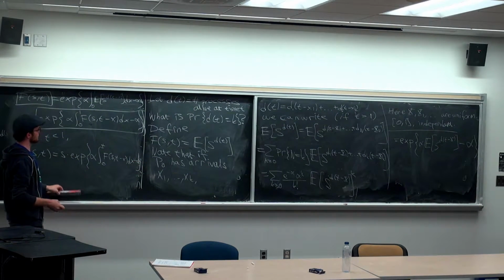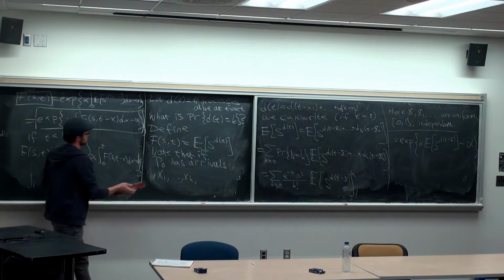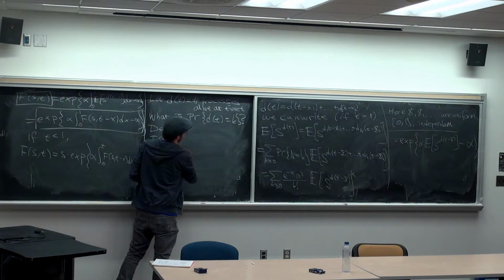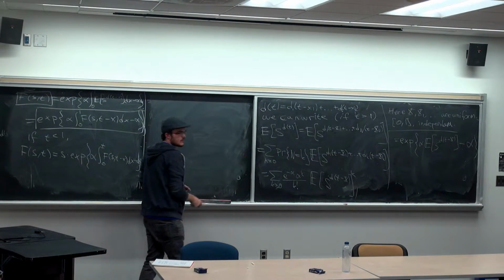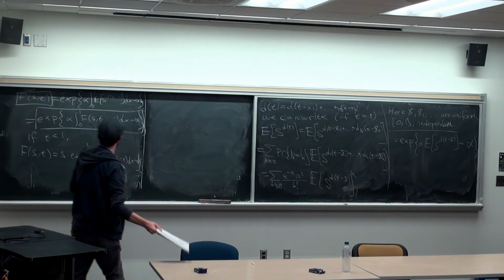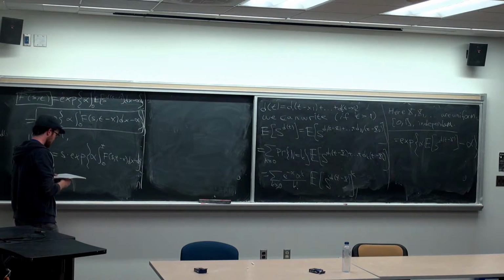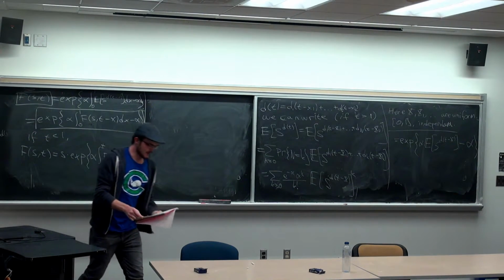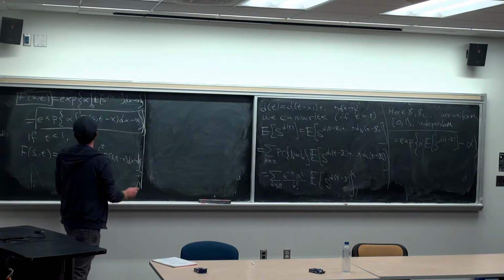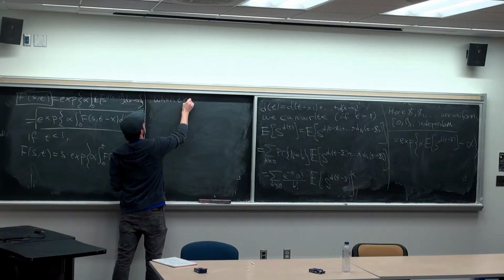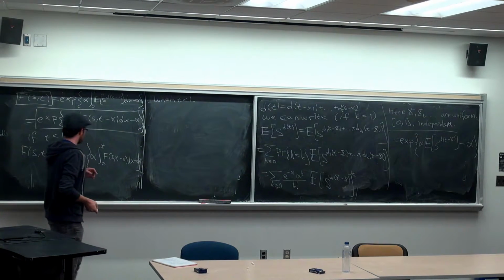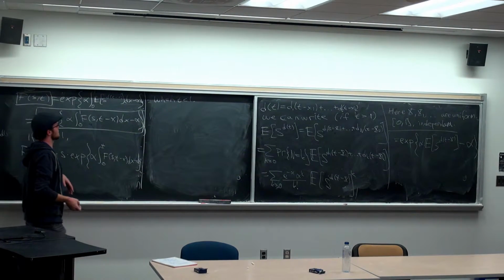Something similar. I can tell you what the solution is when t is less than 1. Let's see. So when t is less than 1, it's not that hard, I think.